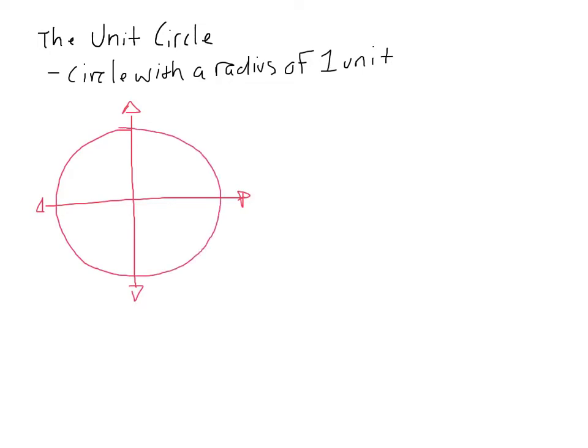Now, we want to determine the degrees and radians at different points in the circle. So for example, we already know that this is 0 degrees, this is 90 degrees, 180, and 270. Those are the degrees around the unit circle. But we just talked about radians, so let's determine what those are. So out here, same deal, we would have 0 radians, or 0 pi.